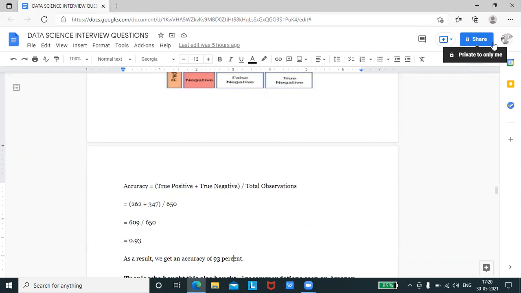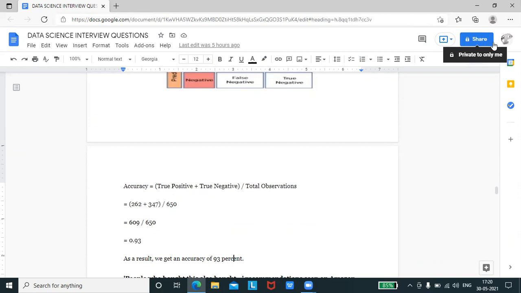So this is how we find out accuracy in the confusion matrix. For detailed information, you can try understanding more about the confusion matrix. We have other parameters like precision, recall. So we will see them later.